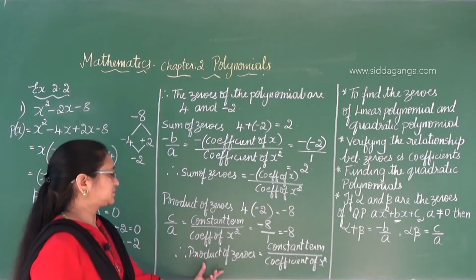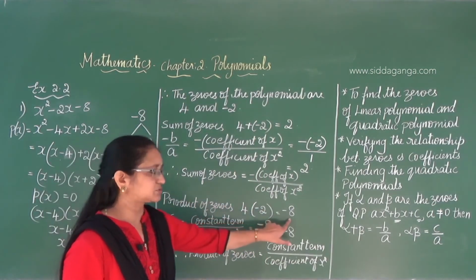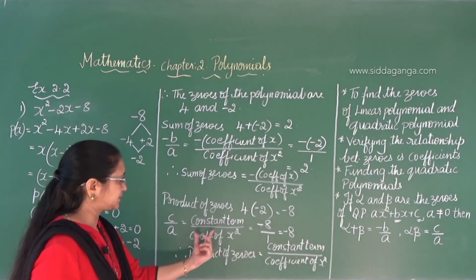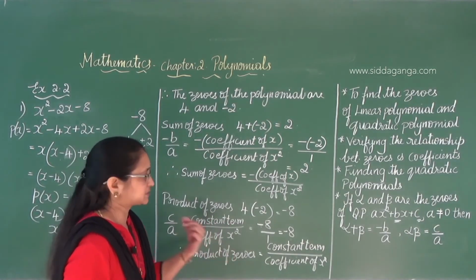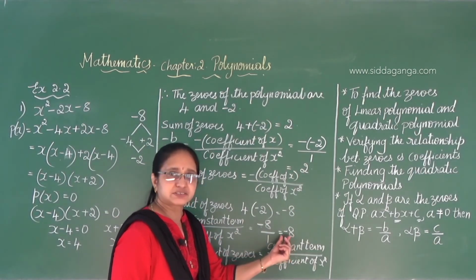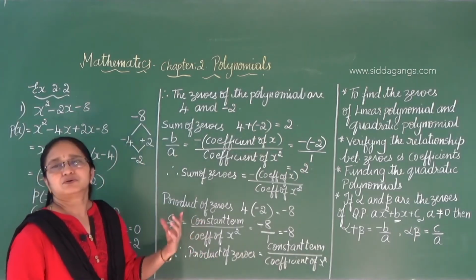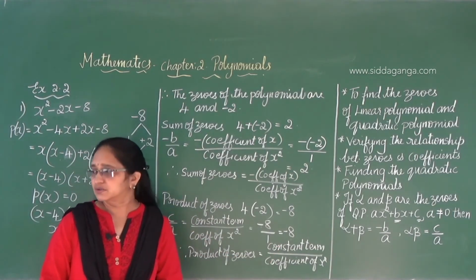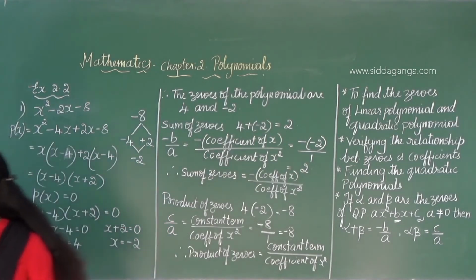See, product of the zeros is also minus 8, again c by a is nothing but constant term divided by coefficient of x square. So, this is also minus 8. So, minus 8 and minus 8. So, hence verified. I hope you understood this sum. So, we will move on to the second sum.